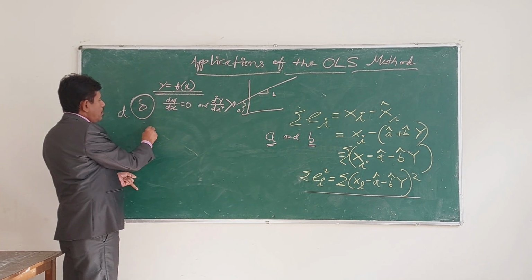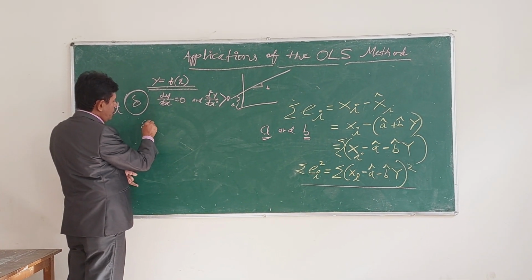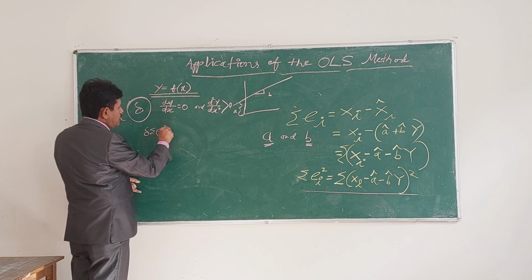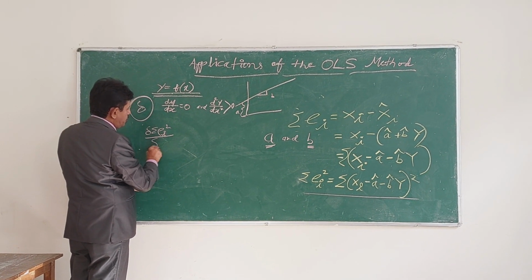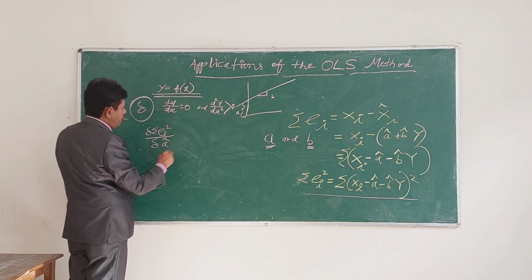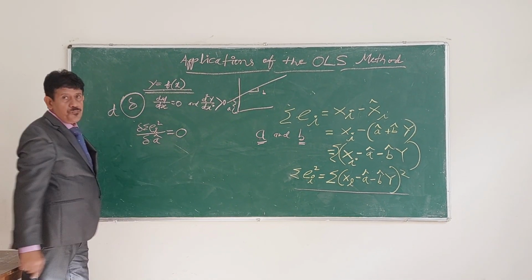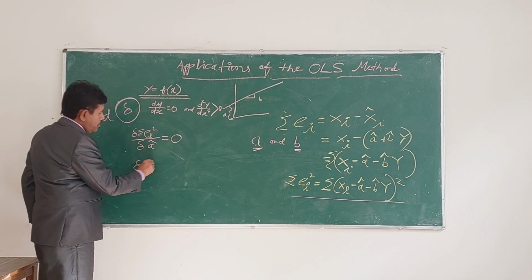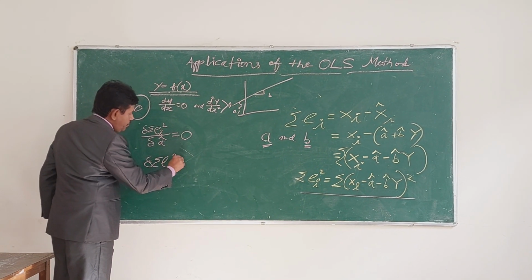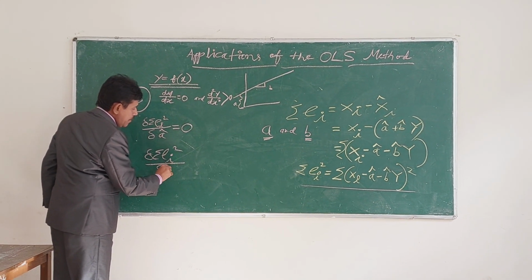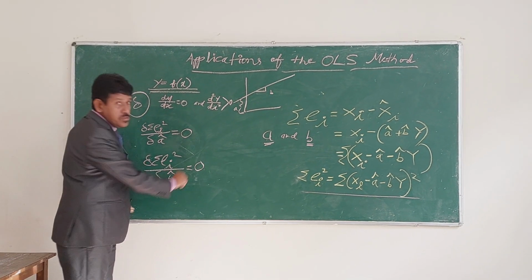So we have to minimize summation EI square with respect to a cap and put this equal to 0. And similarly summation EI square with respect to b cap and put this equal to 0.